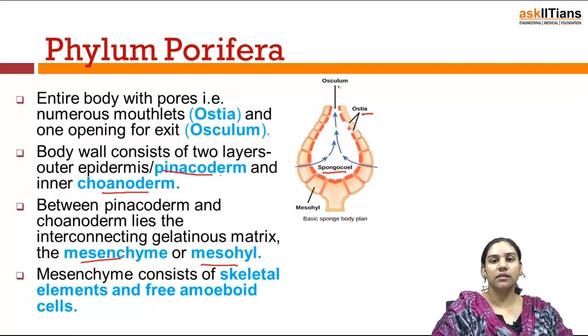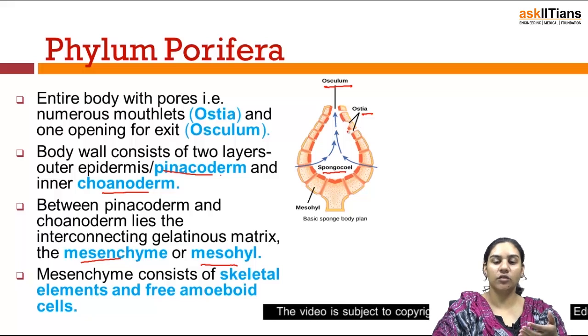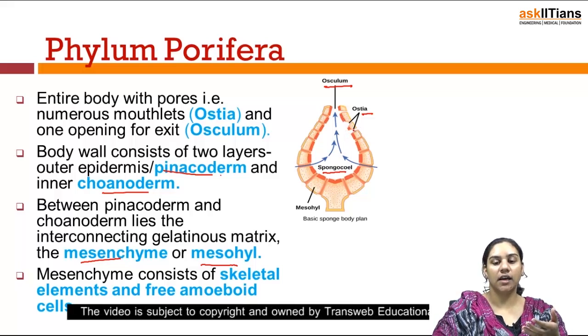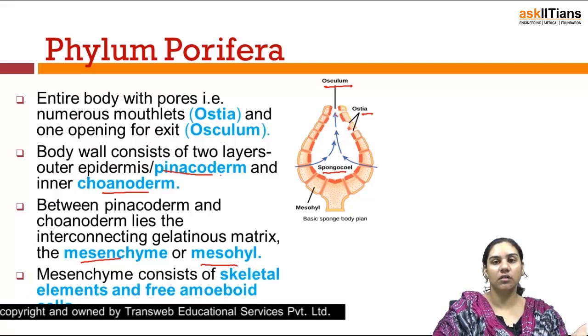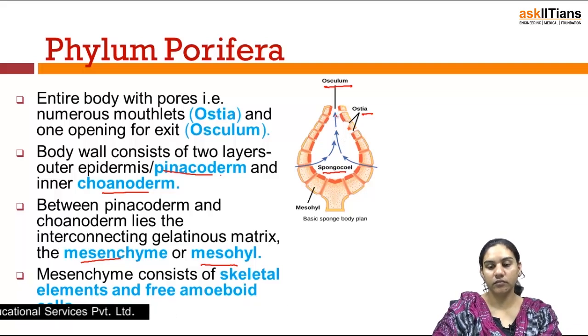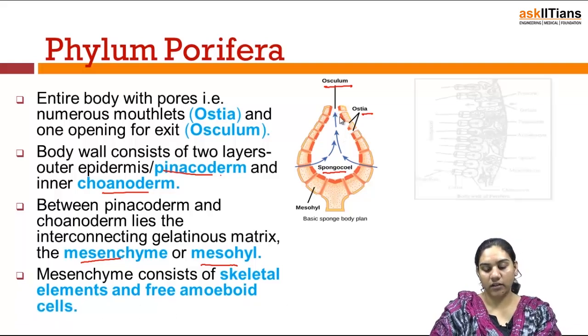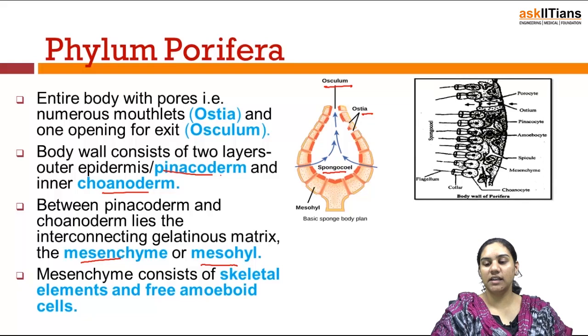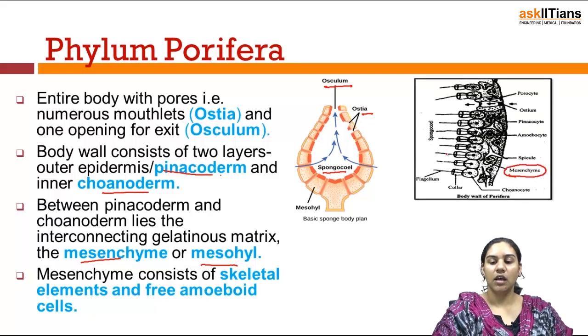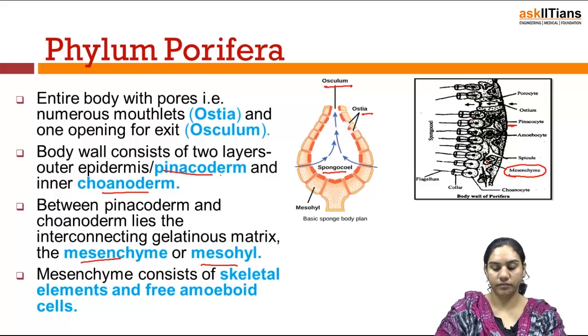So water entering through the ostia enters into the spongocele, and through the spongocele it is taken out through the osculum. Here in this diagram you can see the mesenchyme layer present between the outer body wall, the pinacoderm, and the inner body wall, that is the choanoderm.